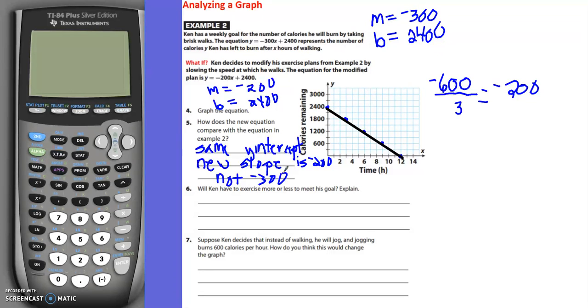Well, since his constant rate of change went down, he's going to have to exercise more.